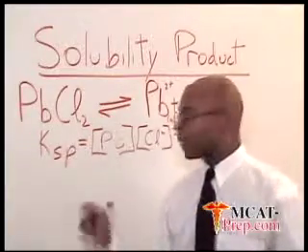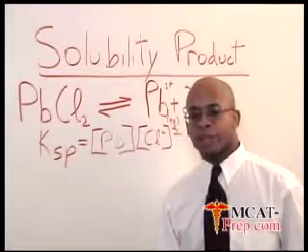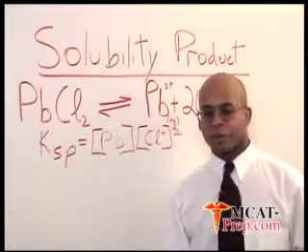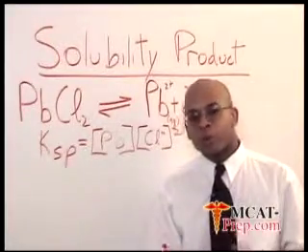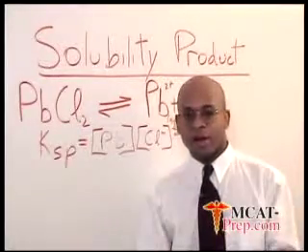The next issue about the solubility product is the word solubility. Sometimes they may ask you about the solubility of a particular substance. The solubility is in moles per liter, and it refers to how much of that substance would actually dissolve.